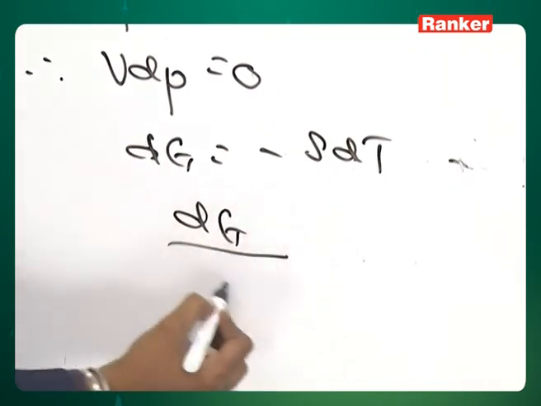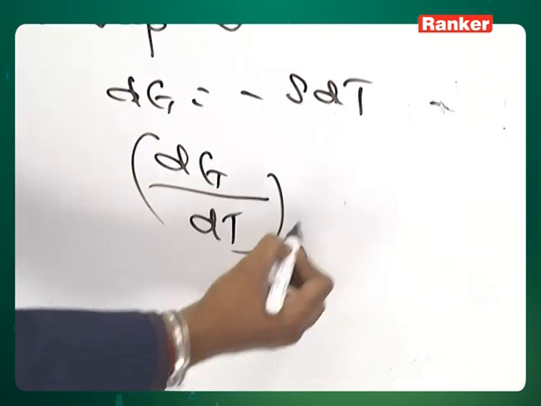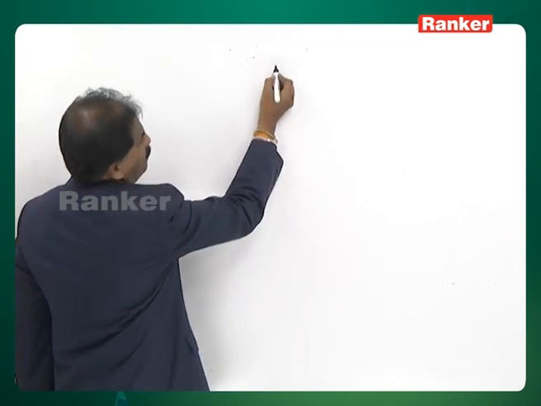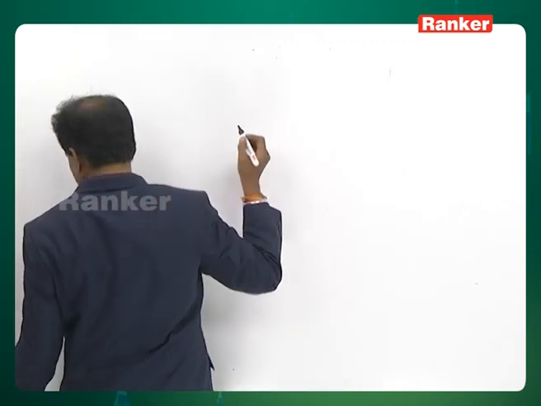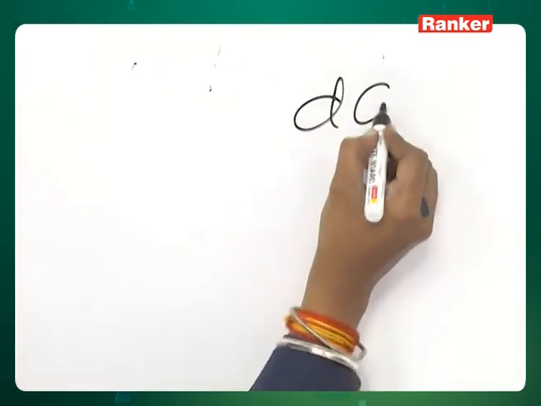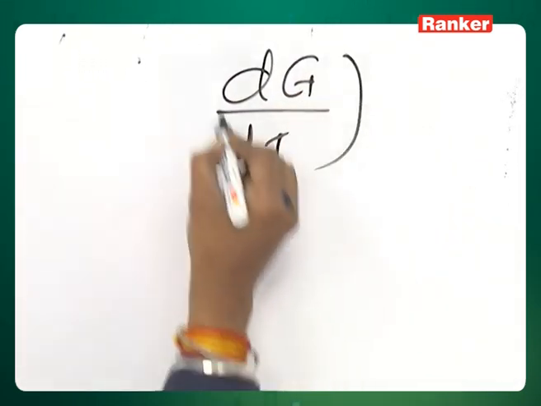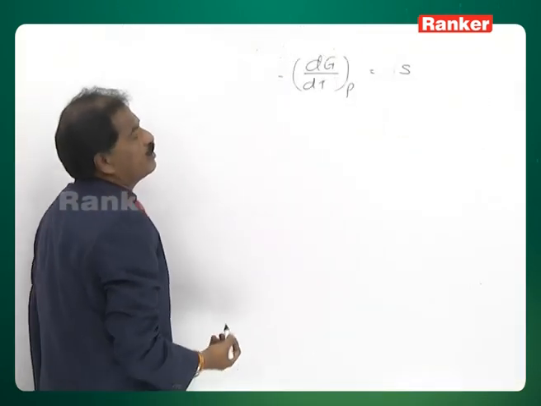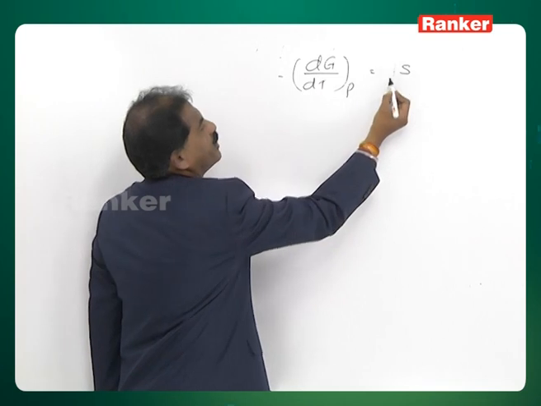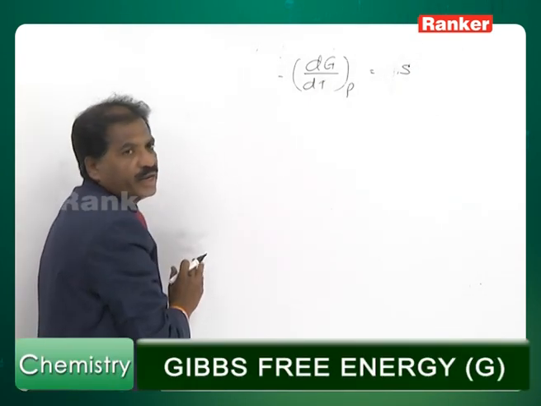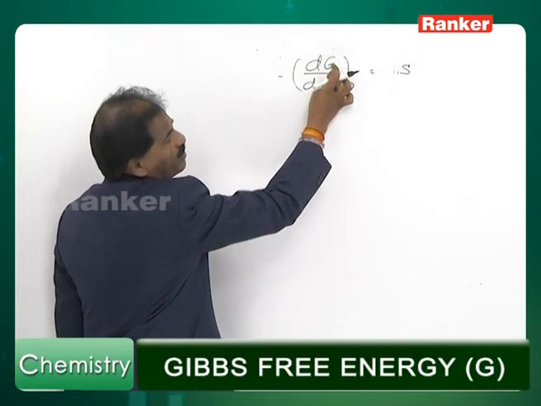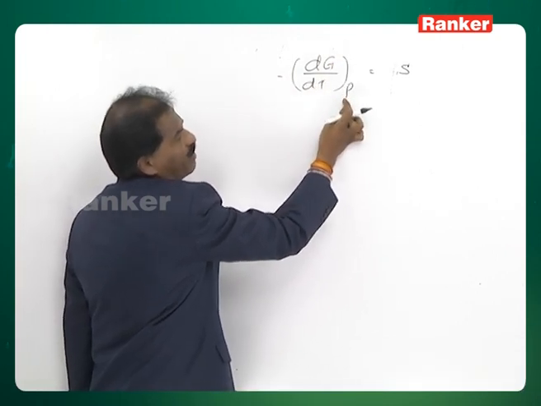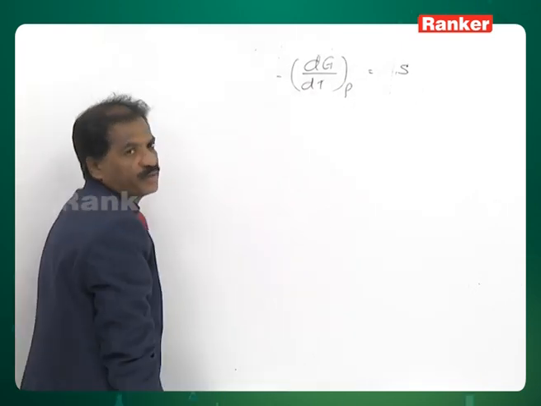Therefore, dG by dT at constant pressure is equal to minus S. If I bring the negative sign this side, minus dG by dT at constant pressure is equal to S. That means, based on this expression we can define the absolute meaning of the entropy: the decrease of free energy with respect to temperature at constant pressure is equal to entropy.